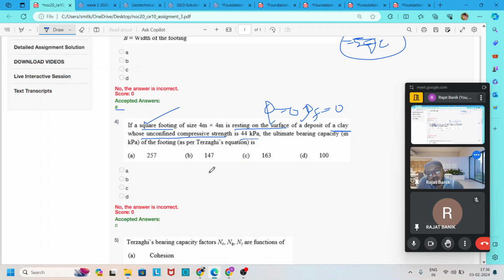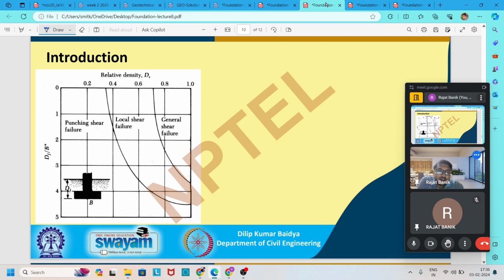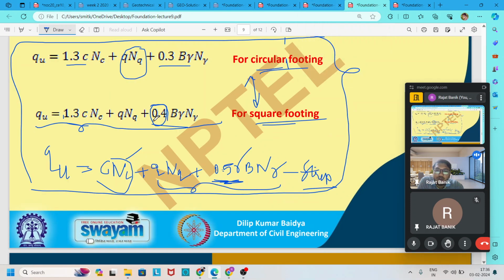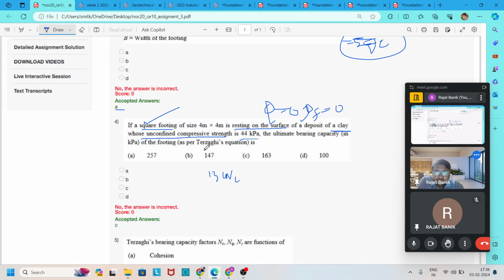We know that for a square footing the formula is 1.3 c Nc plus q Nq plus 0.3, I think, I have to check, sorry, 0.4 gamma B N gamma.